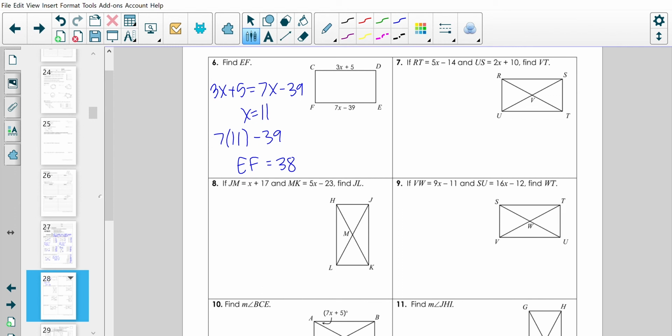On number 8, JM is x plus 17. MK is 5x minus 23. What do I do? Set them equal. What do you get? 10.